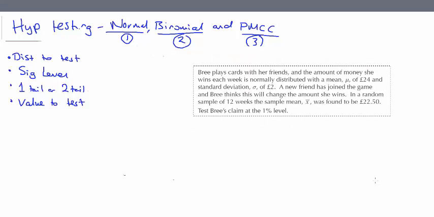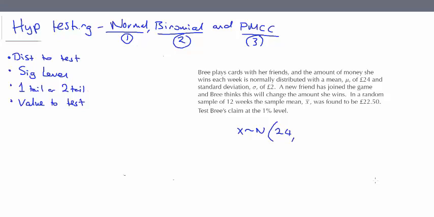So, Bree plays cards with her friends, and the amount of money she wins each week is normally distributed with a mu of 24 and standard deviation of 2, so 2 squared. A friend joins the game and Bree thinks this will change the amount she wins. Not higher or lower, just change.